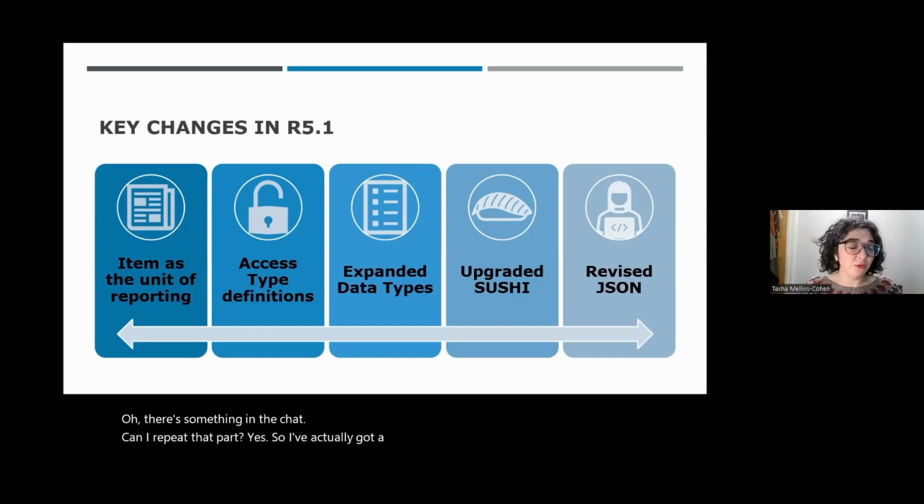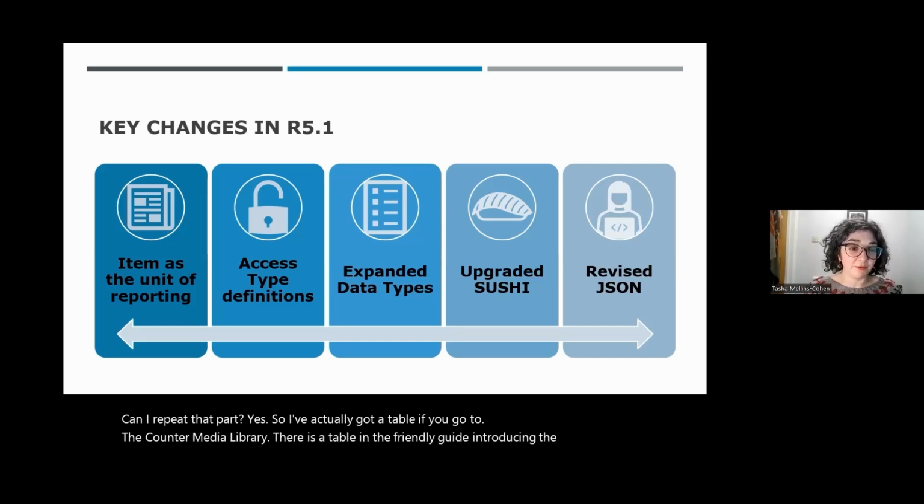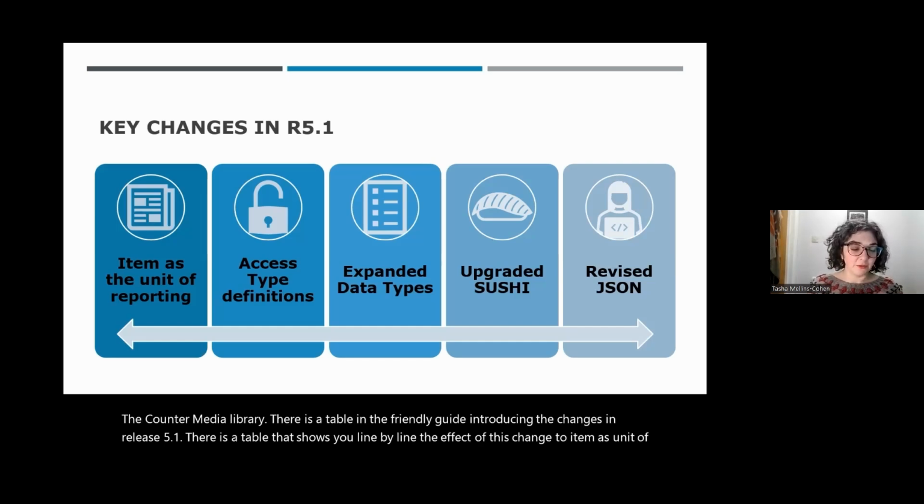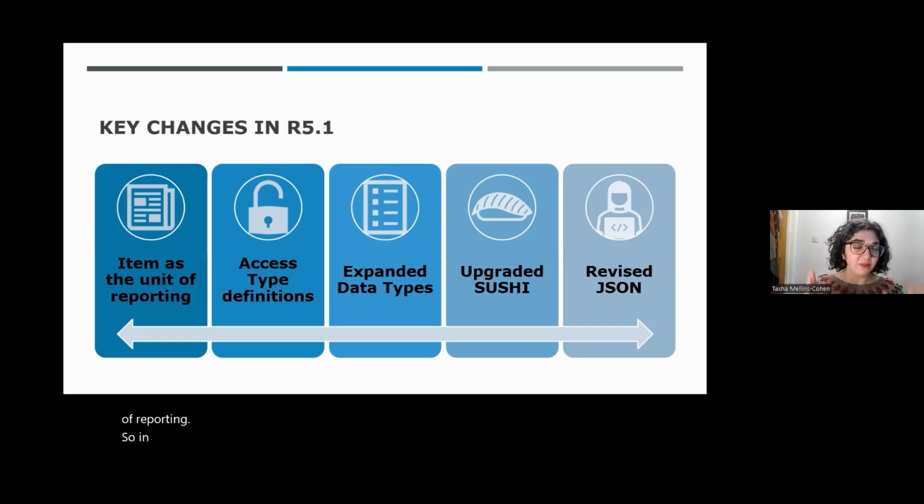If you go to the Counter Media Library, there is a table in the friendly guide introducing the changes in release 5.1. There is a table that shows you line by line the effect of this change to item as unit of reporting. So in release 5, everything that isn't a book, you count by the item.